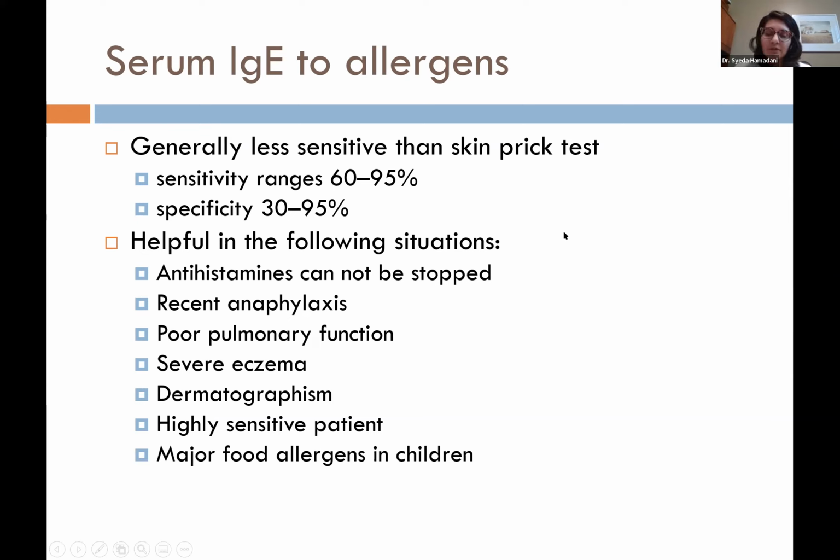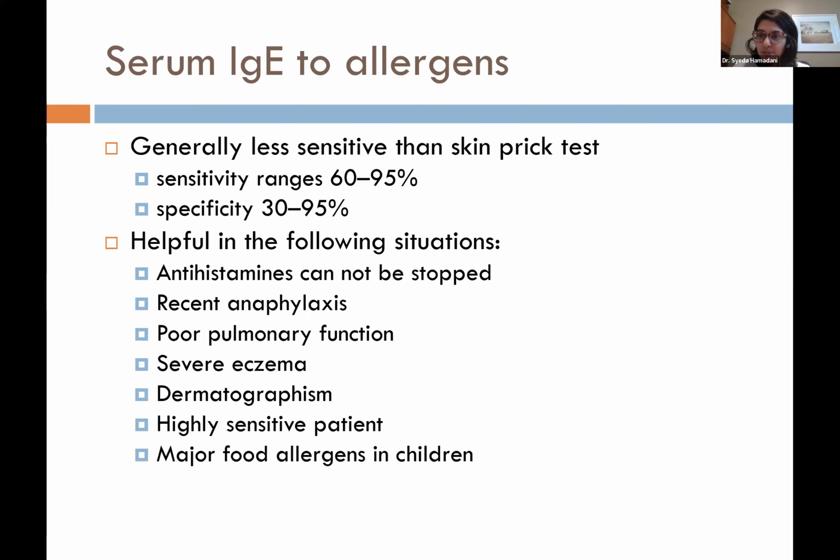It is helpful in the following situations, like I was saying earlier, when antihistamines can't be stopped and we're not able to do skin testing. I've had patients, for example, be on hydroxyzine and they just cannot stop it. That would be a great patient to do serum IgE to aeroallergens, for example. If they've recently had anaphylaxis, sometimes you can have false negatives on skin testing.